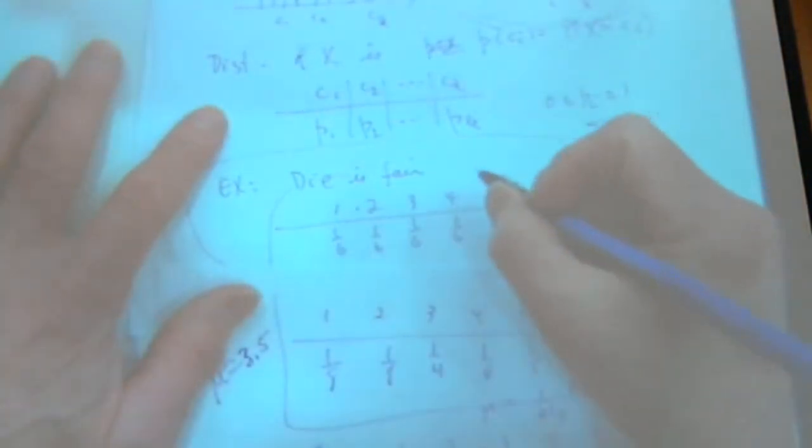Now the variance measures the spread of a distribution about the mean. So just from that description, tell me which one has the most variance. Because these have exactly the same mean. In both cases, the mean's 3.5.